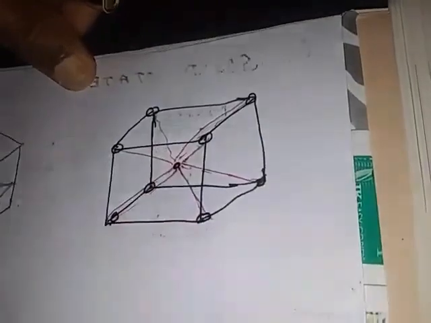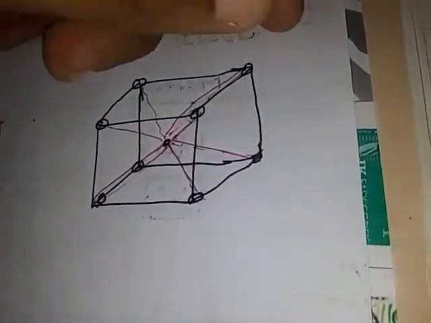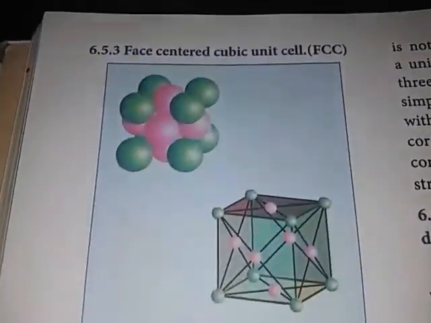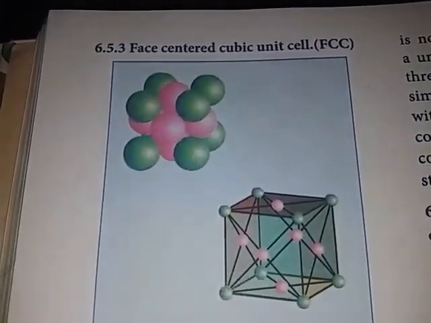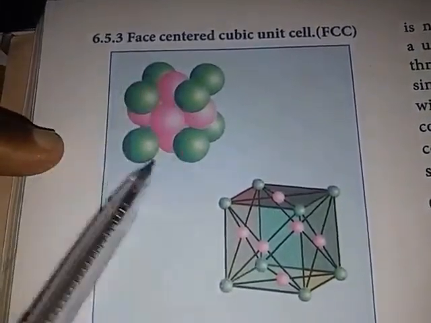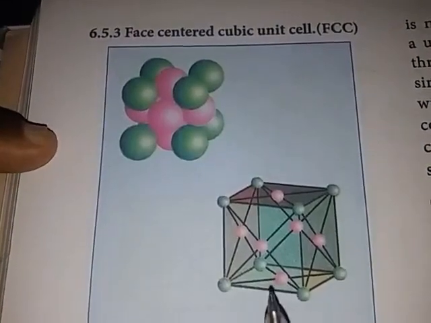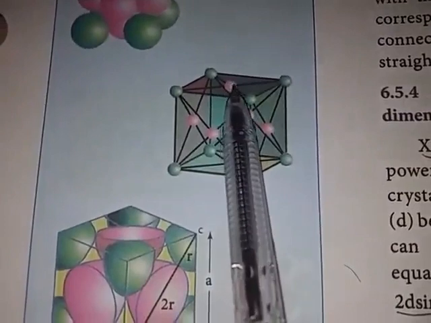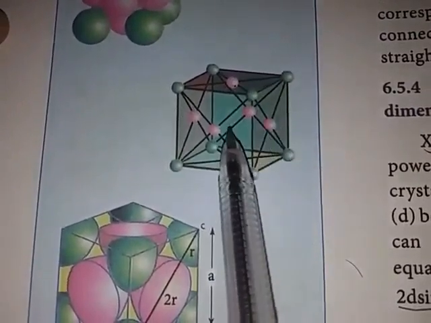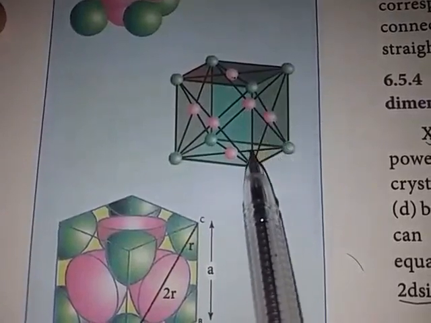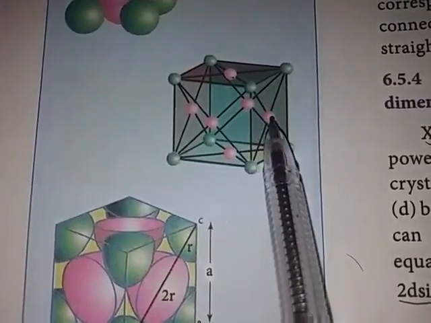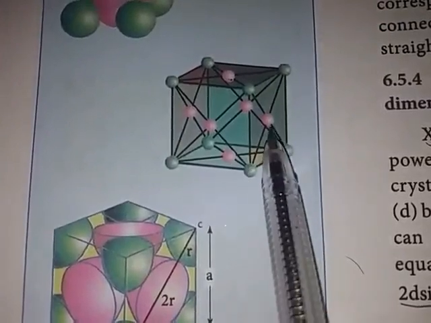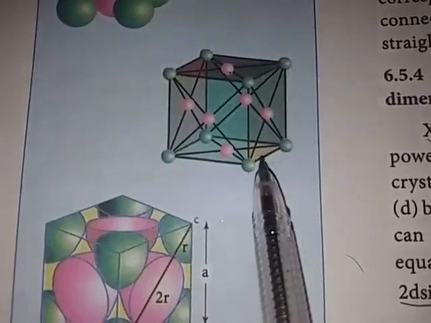Now next, let me pass on to the face centered cubic unit cell. In the face centered cubic unit cell, we know very well that the atoms are arranged like this. There are 6 faces in a cube and 8 corners, and each face contains one atom at the center of the face, and 8 atoms at the corners.